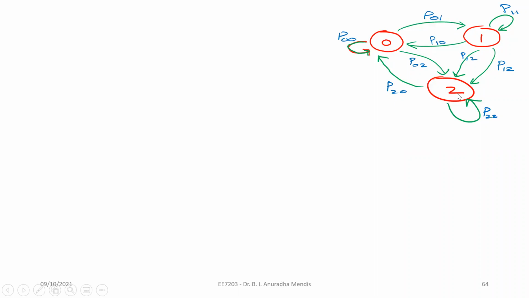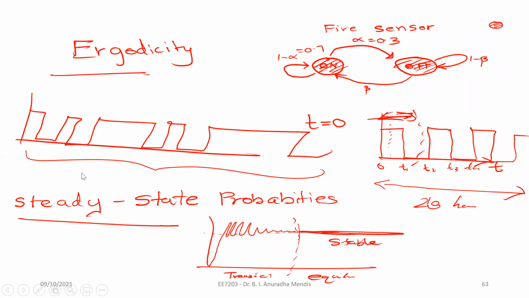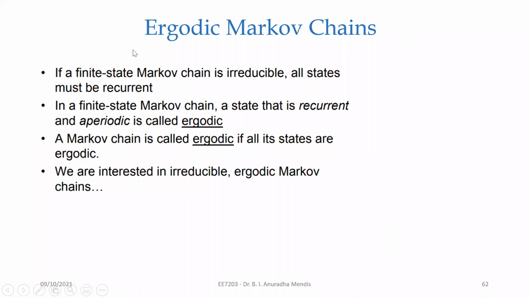So this is a positive recurrent state. Okay. So this is an ergodic Markov chain. So we can find steady state probabilities. Now, in order to have steady state probabilities, you should have a stable condition. A stable condition will hold when the Markov chain is ergodic. So that is the connection. To become ergodic, you should have recurrent and aperiodic states and irreducible states.